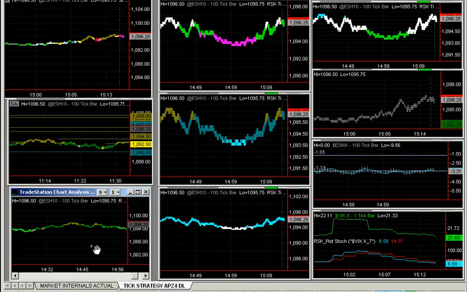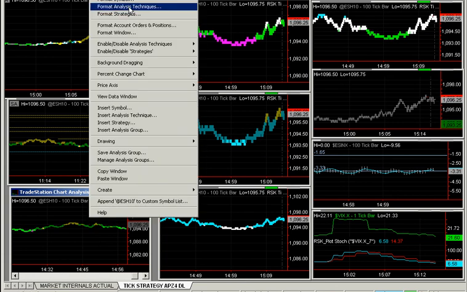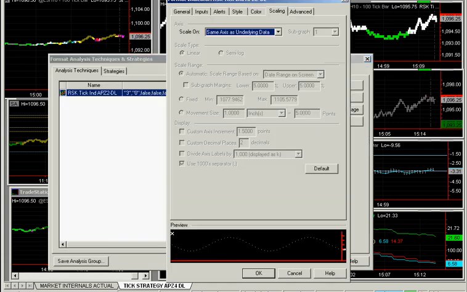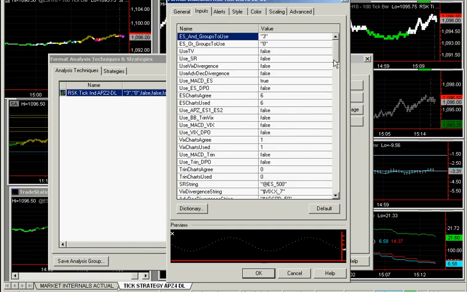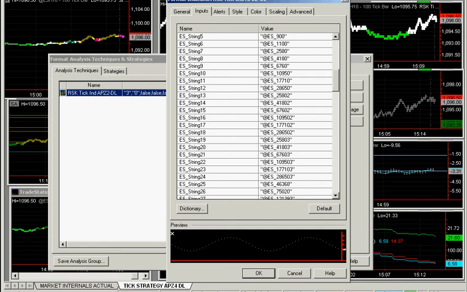Group 3, on the other hand, starts here, ends here, but uses a different MACD length.